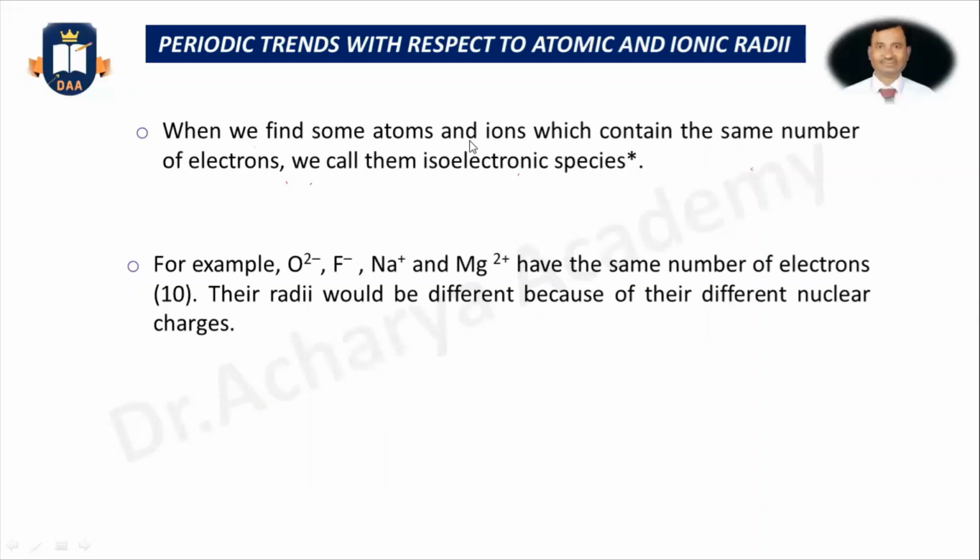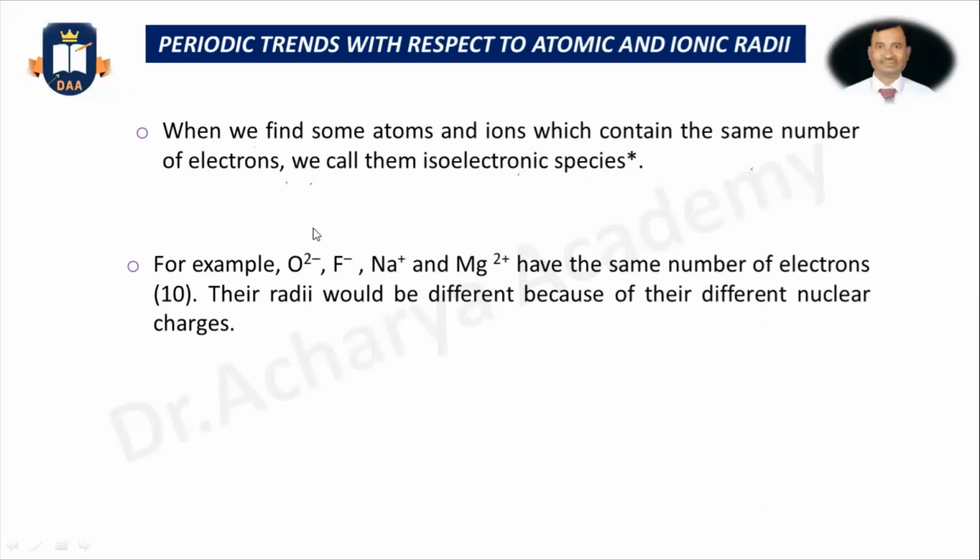When we find some atoms and ions which contain the same number of electrons, we call them isoelectronic species. For example, the isoelectronic species are O2-, F-, Na+, and Mg2+. These four species have the same number of electrons, and their radii would be different because of their different nuclear charge.